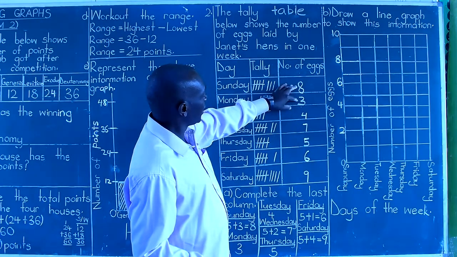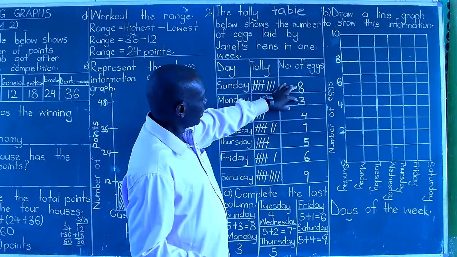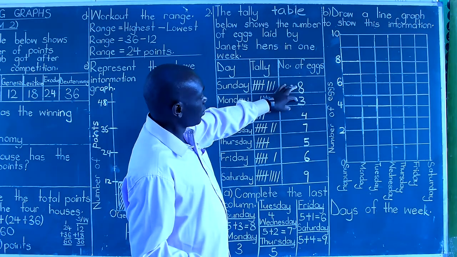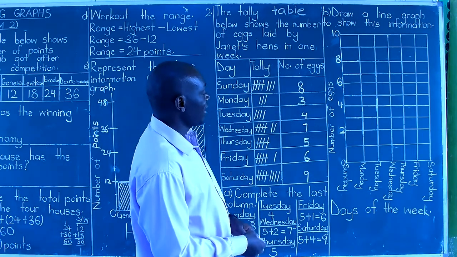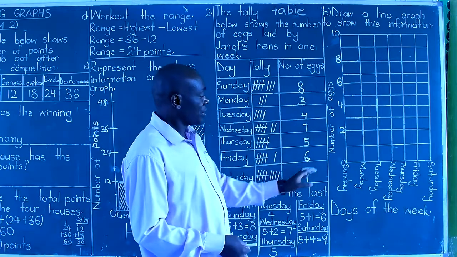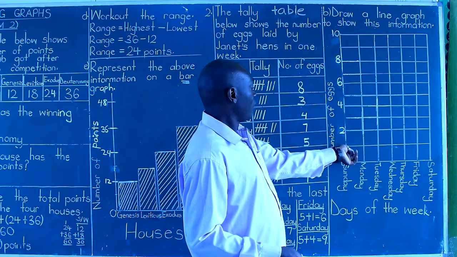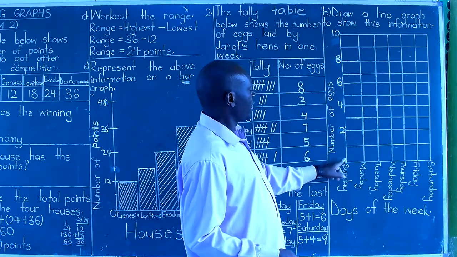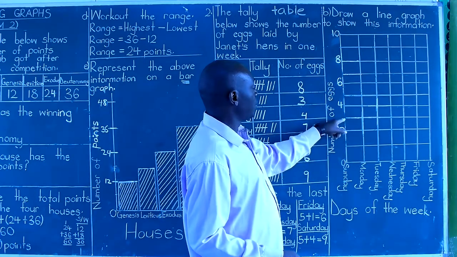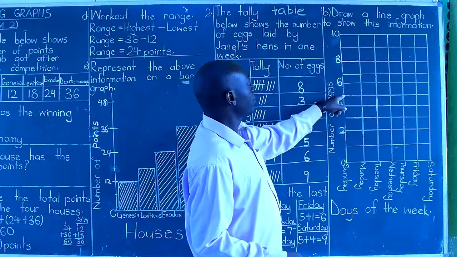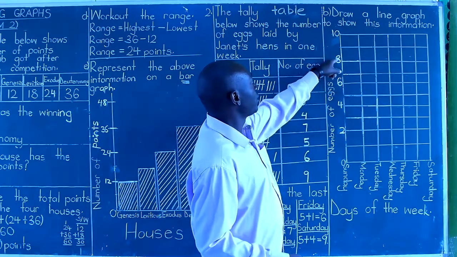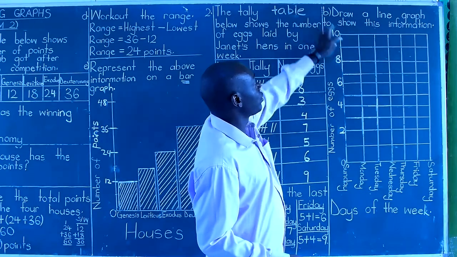None of these numbers of eggs is more than 10. So therefore, we can decide to use 1 egg per square. That's why I skipped 1 and wrote 2, skipped 1 and wrote 4, skipped 1 and wrote 6, skipped 1 and wrote 8, skipped 1 and wrote 10.